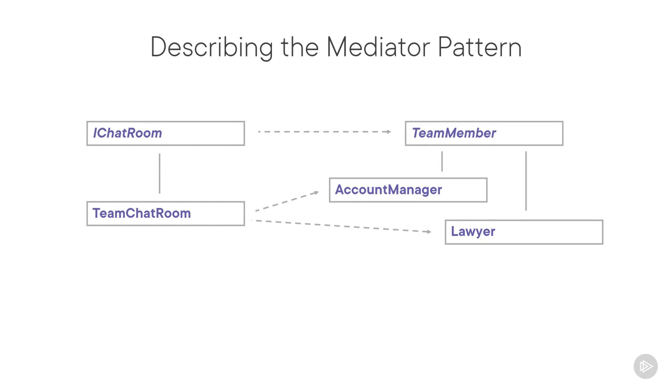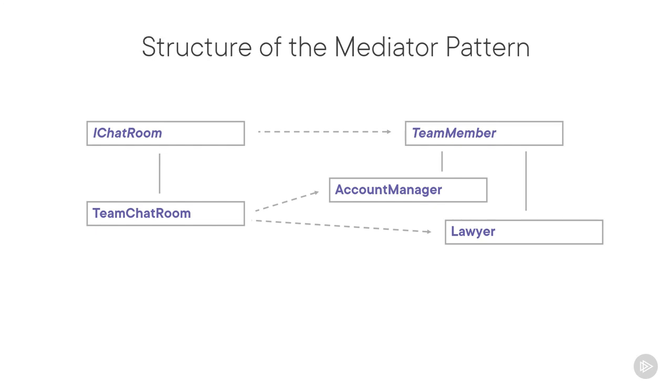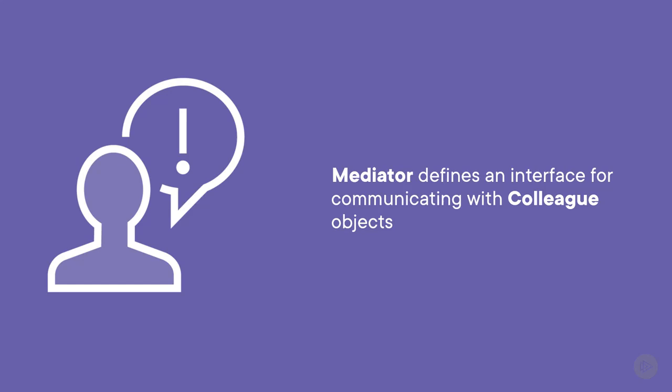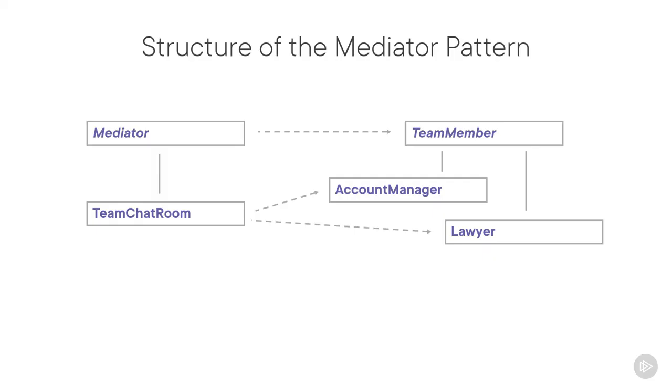Let's map this to the mediator pattern structure. The abstract chatroom class, that's our mediator. This defines an interface for communicating with colleague objects. Such a colleague maps to our team member abstract class, whereas account manager and lawyer are concrete colleague classes.